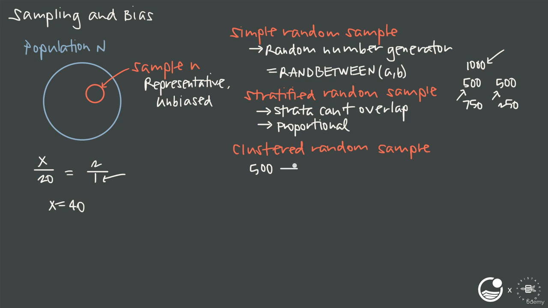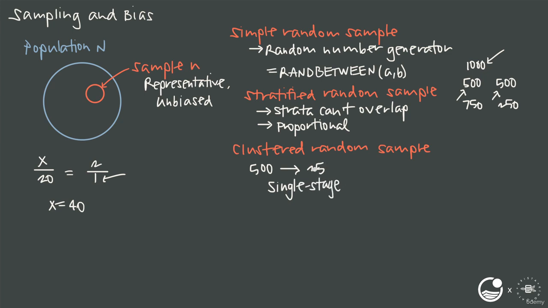So we would use our random number generator to pick randomly 25 of the Fortune 500 companies. So now we have 25 companies instead of 500 companies. If we then survey every employee at those 25 companies and use them as a sample of all of the employees at all 500 companies, we would call that a single stage cluster sample.